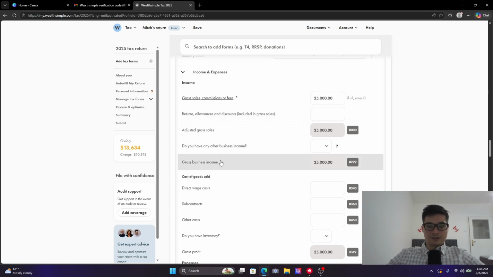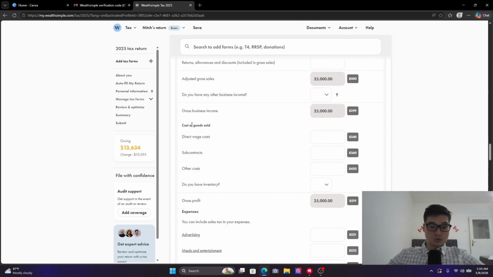And then you'll go down here to find your cost of goods sold. So anything directly related to the product that you're selling. If you're manufacturing, you can have direct wage costs. If you are providing a service, you can have subcontractors. There's not a lot of explanations here. If you have direct wage costs, so people working directly on the product or service, you'll input that here.